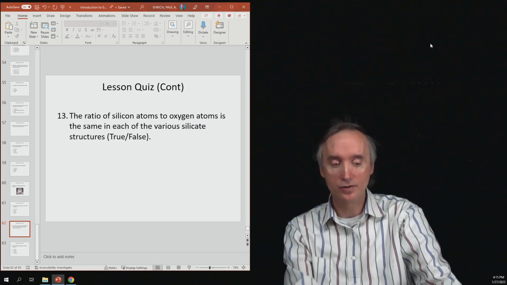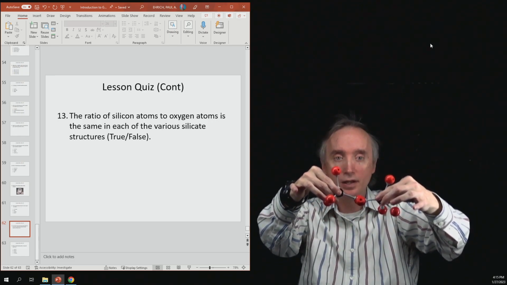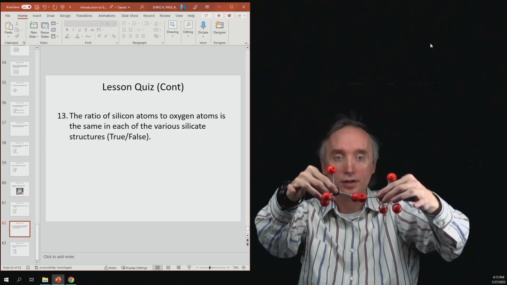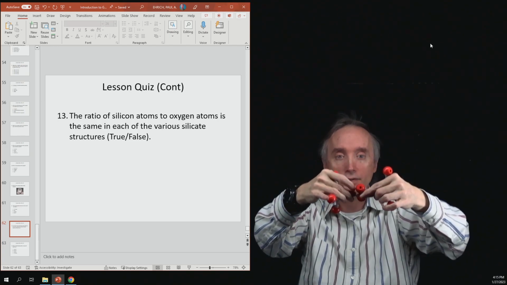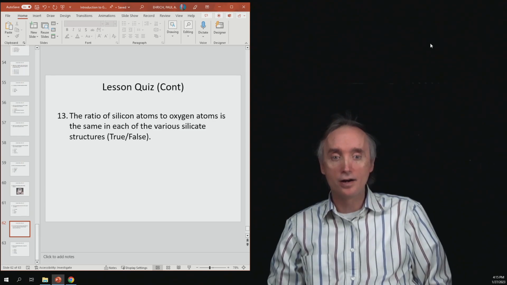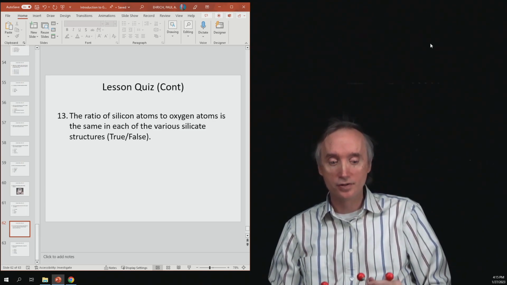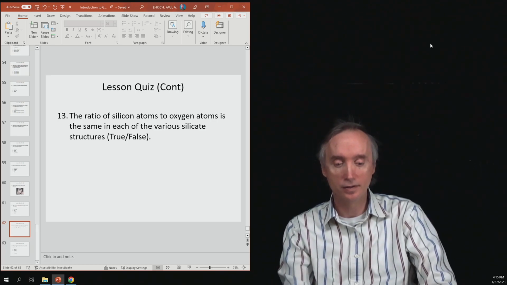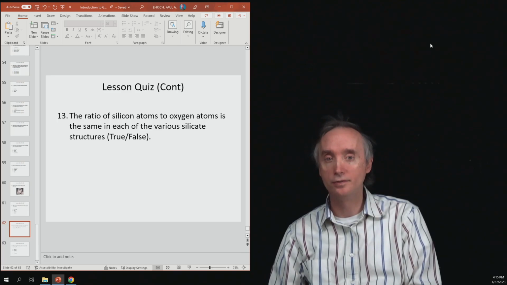But if you make a string of them, then notice that you're eating up the oxygens. So I have to take off this oxygen in order to attach it to this one. So when I make a string of them, it has less oxygen compared to the amount of silicon in there. So the different kinds of silicate minerals have a different ratio of silicon to oxygen.